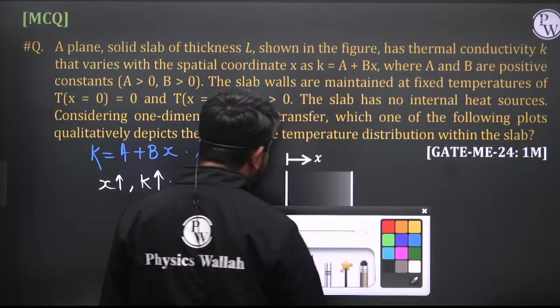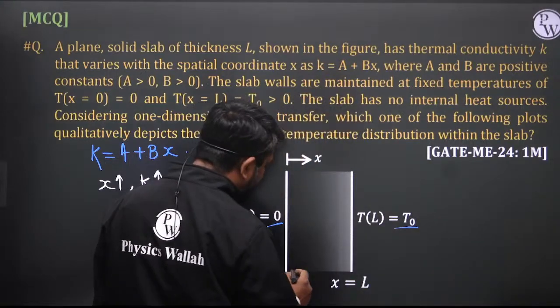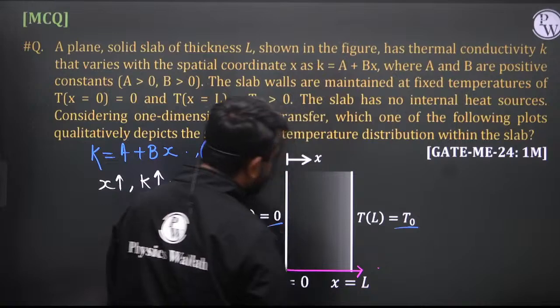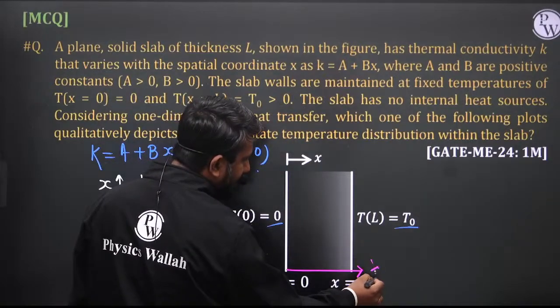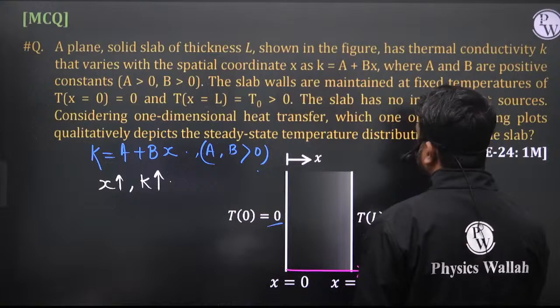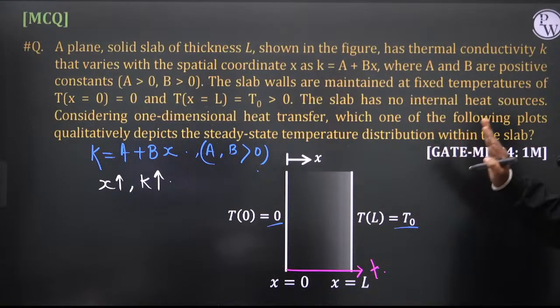If x increases, then k increases, because A and B are both positive constants. Now, this is the x direction. In the x direction, this problem is a steady state problem, as clearly mentioned.